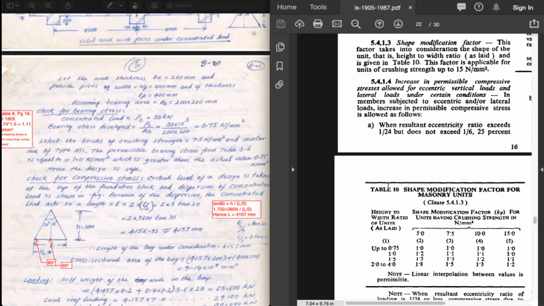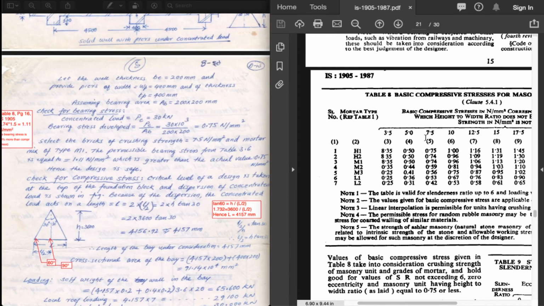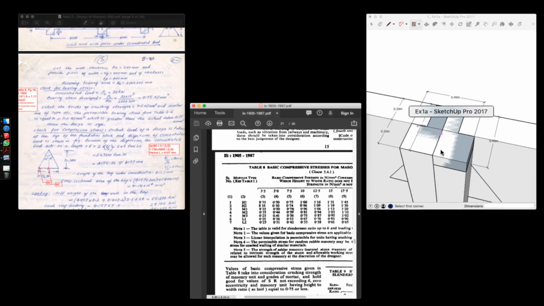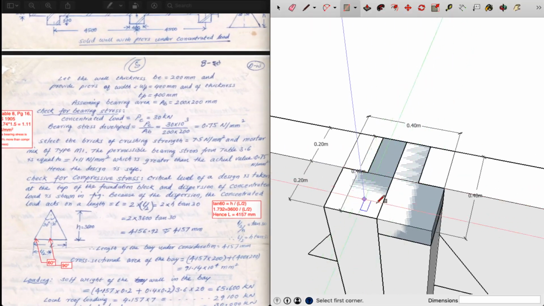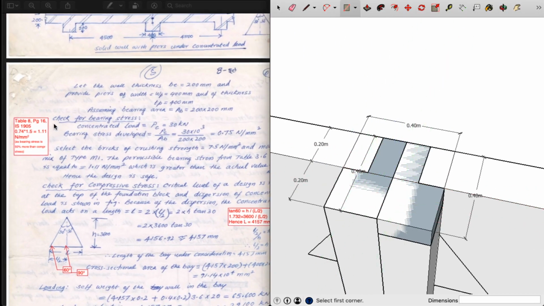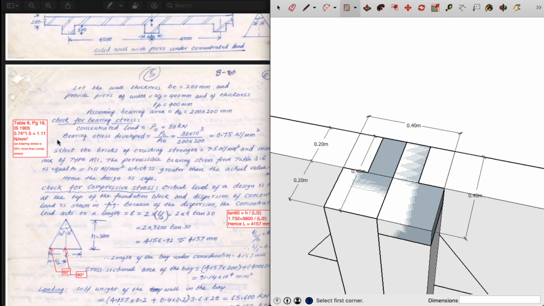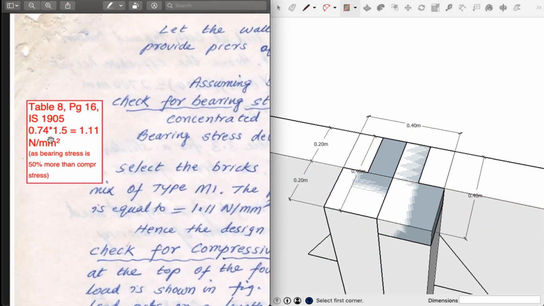So whatever value you get from table 8 for that choice of mortar and brick type, which is 0.74 in this problem, we multiply that by 1.5 in order to get the actual compressive stress offered by this brick unit. So 0.74 times 1.5 gives us 1.11 Newton per mm square.